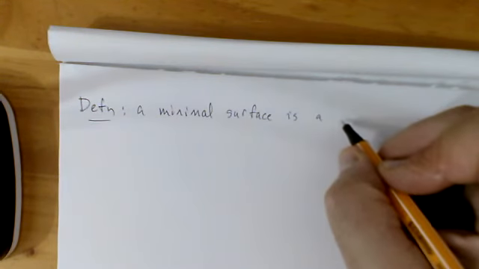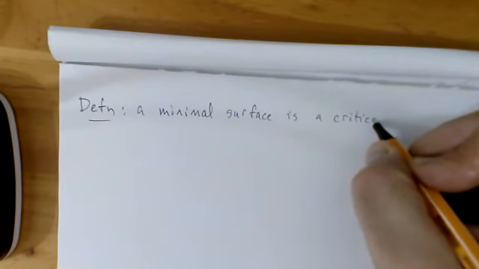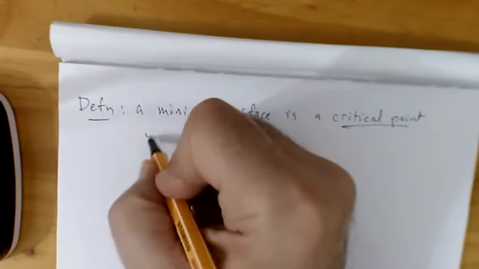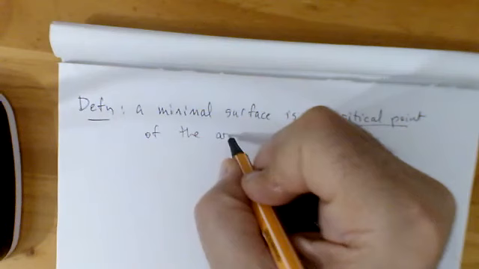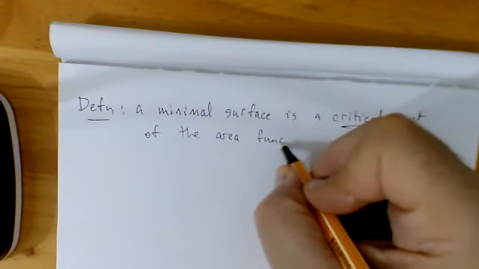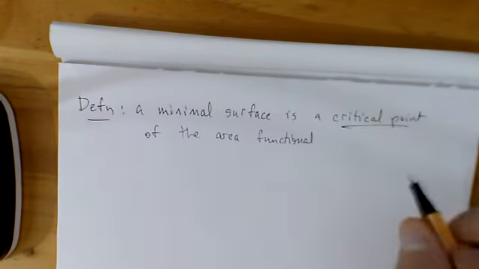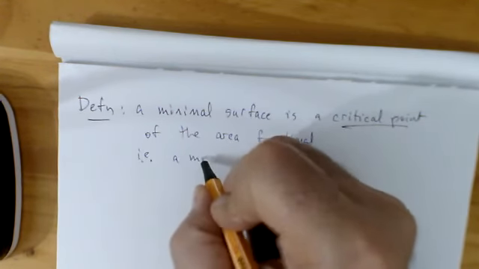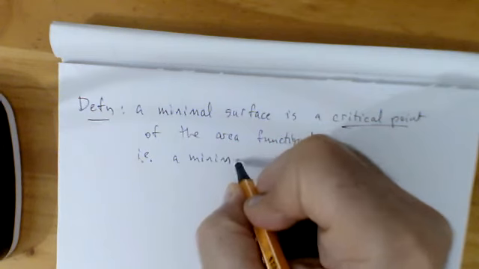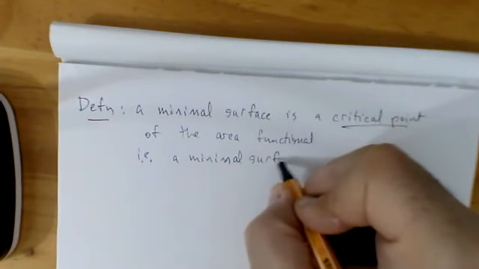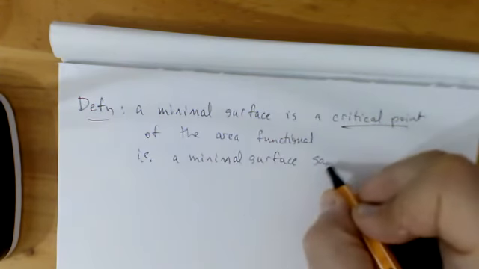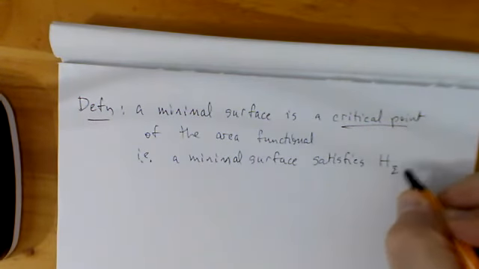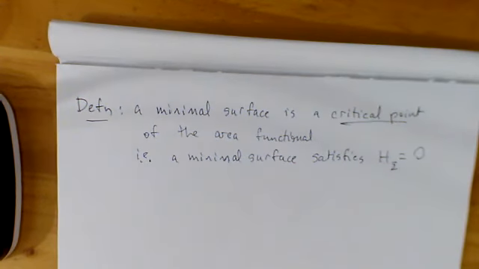A minimal surface is a critical point of the area functional, i.e. a minimal surface satisfies H equals 0.